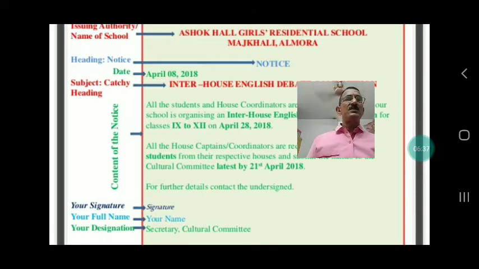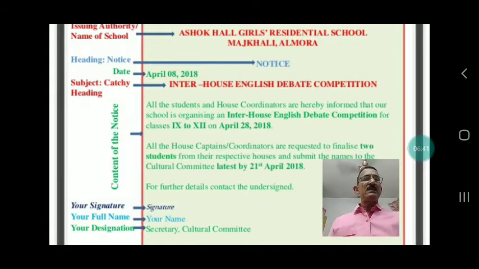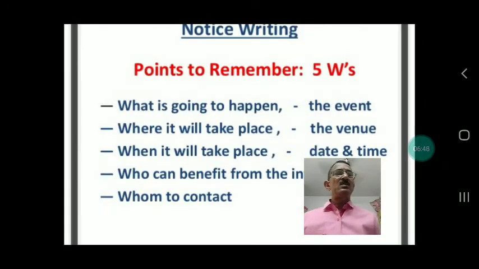The word limit is also followed and everything is well maintained. Again, I would like to tell you that while writing a notice, you must note that there are 5 W's.